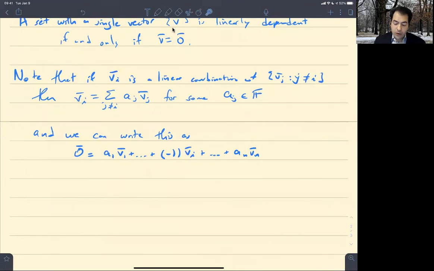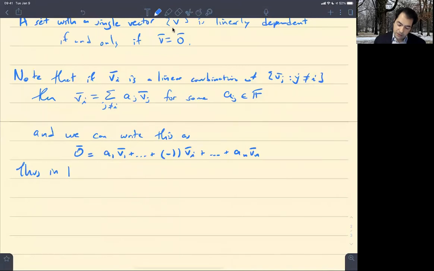Right? So you can always write 0 as a linear combination of whatever set of vectors. You could just put all of the coefficients equal to 0. That'll do it. However, what's special here is that I'm writing 0 as a linear combination, and I'm not using all of the coefficients equal to 0, right? I have another way of writing 0 as a linear combination. So let me write that out.